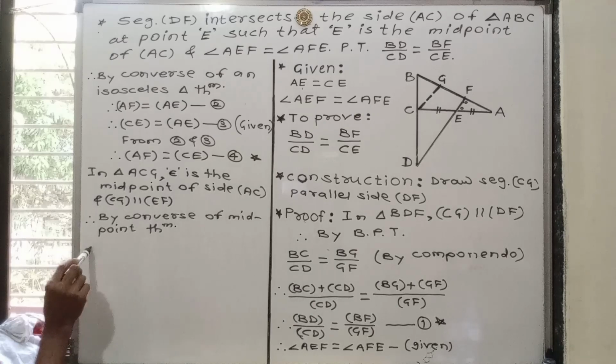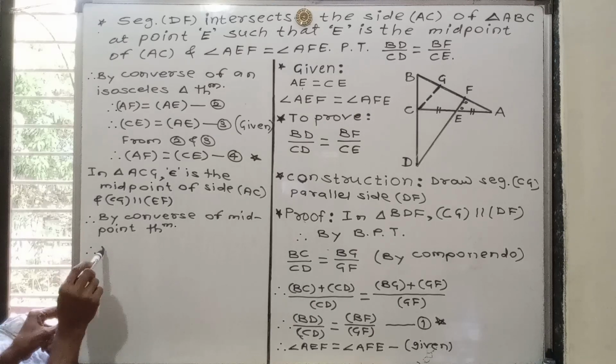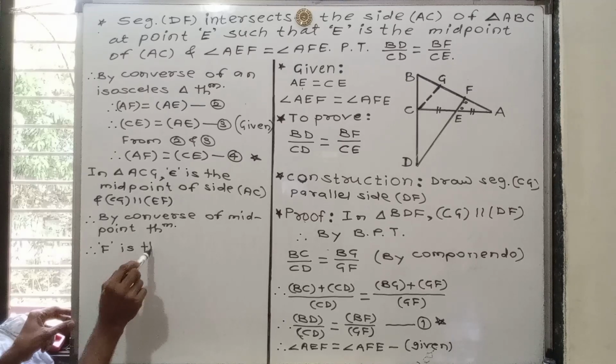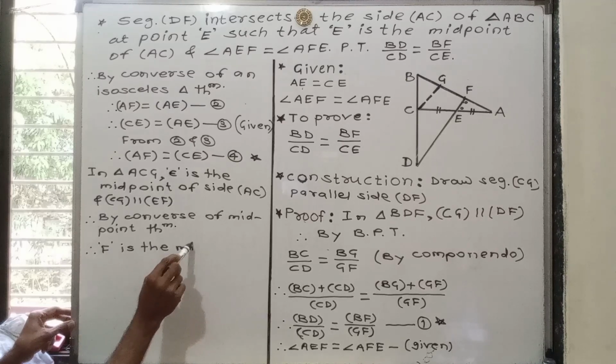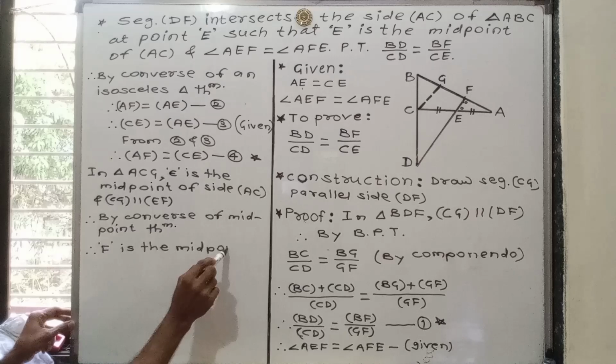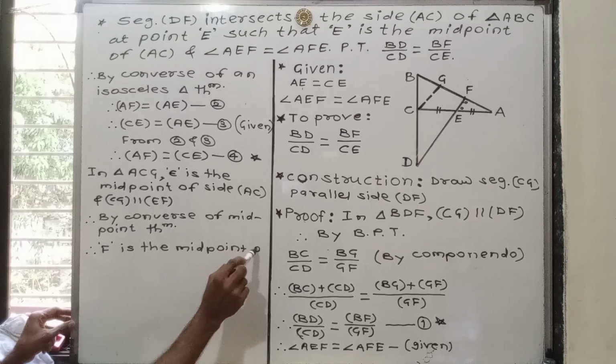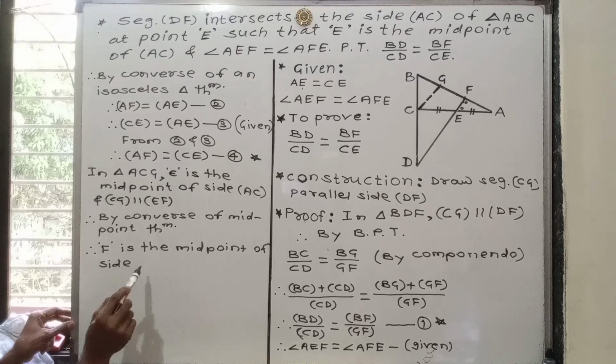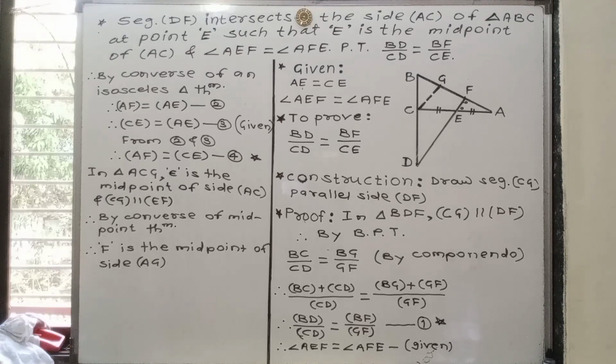Therefore, F is the midpoint of side AG. Did you get it?